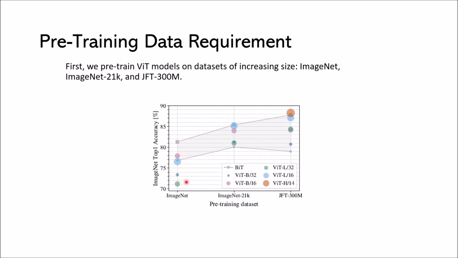But when we increase the size of the pre-training dataset, the ViT starts to gain performance significantly, and with a very large pre-training dataset, the ViT can have really high accuracy compared to the BiT here. This is an important note because ViT will not work if you only pre-train it with a small dataset. We need a large dataset.